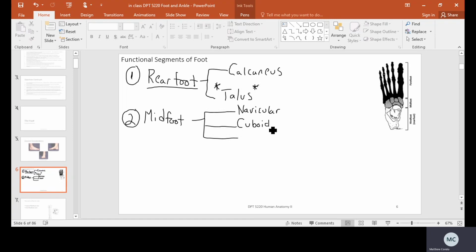And I'm also going to have 3 cuneiforms. I'm going to have a medial, I'm going to have a lateral, and then I'm going to have a middle.